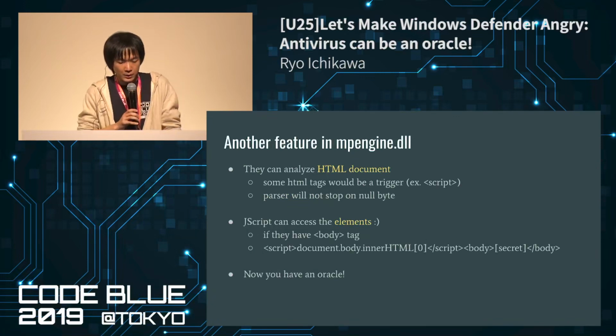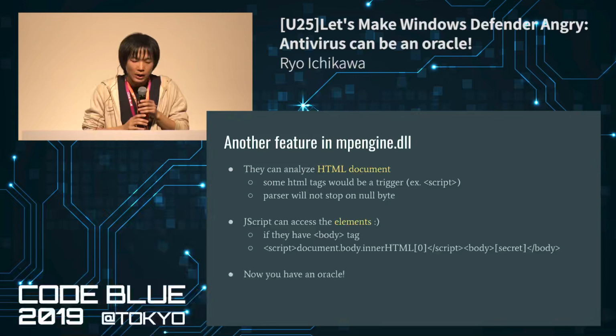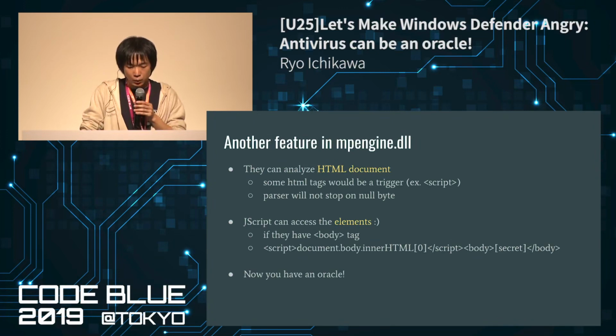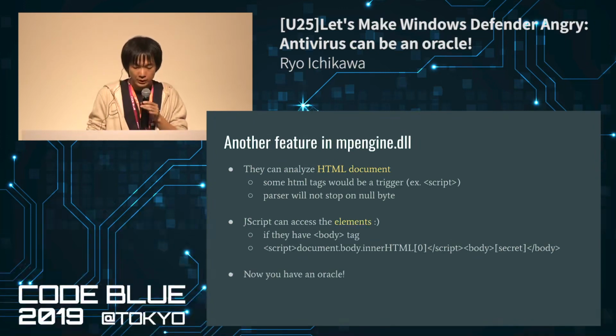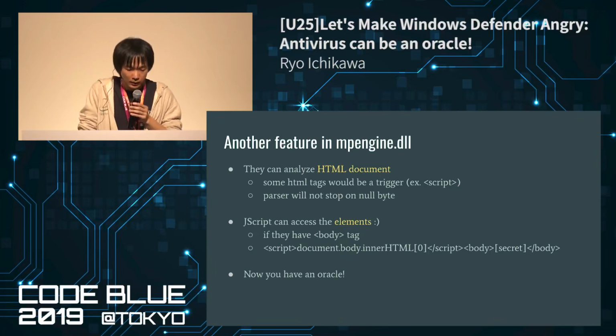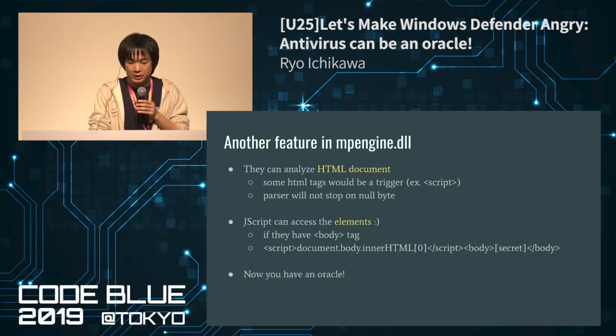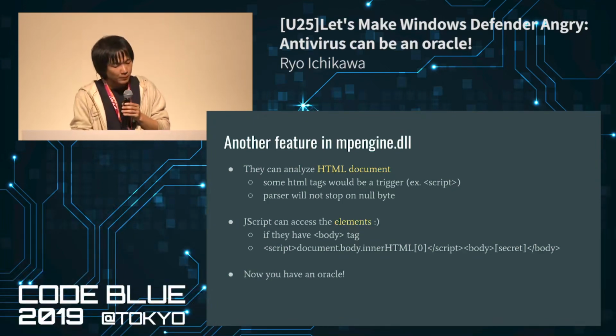I found another feature in mpengine.dll, as well as Windows Defender: they can analyze HTML documents. Some HTML tags will be a trigger, for example the script tag, and the parser will not stop on a null byte. Of course, JScript can access the elements because the JScript engine has the DOM API.